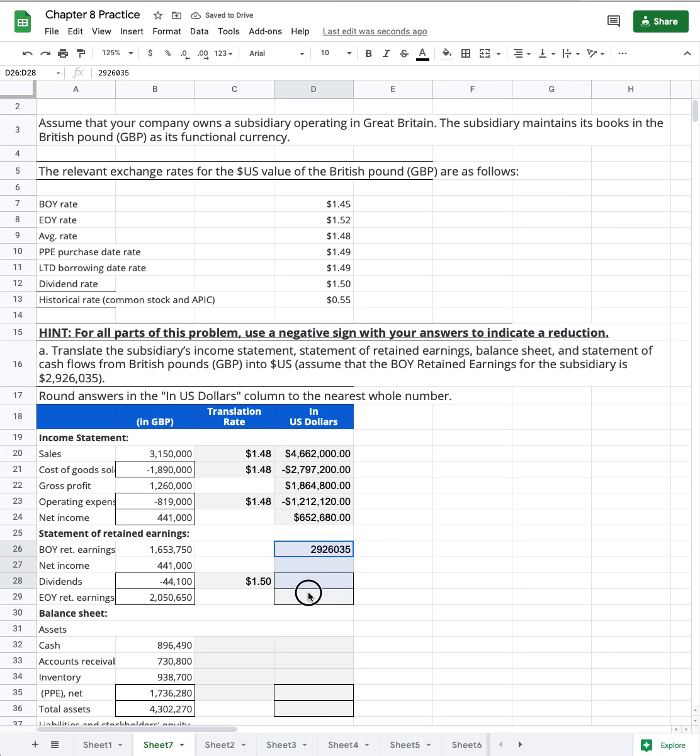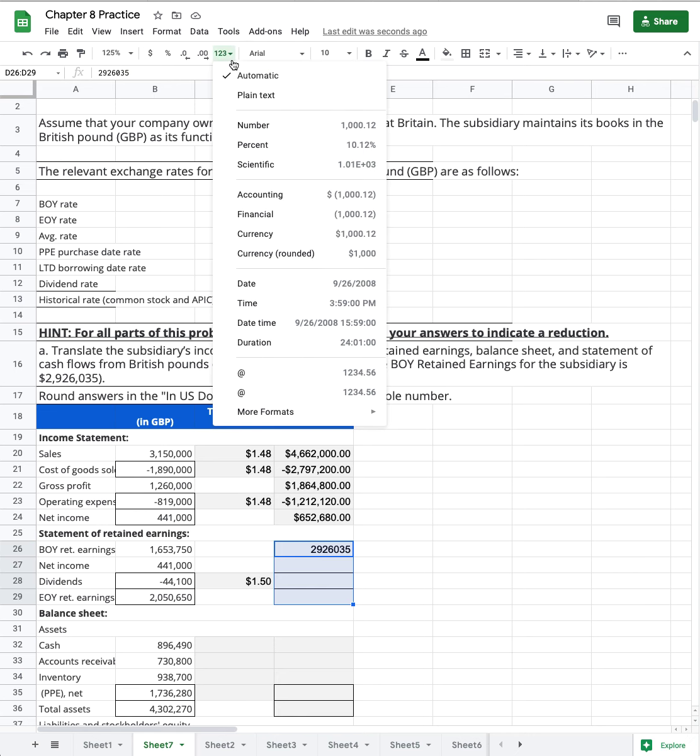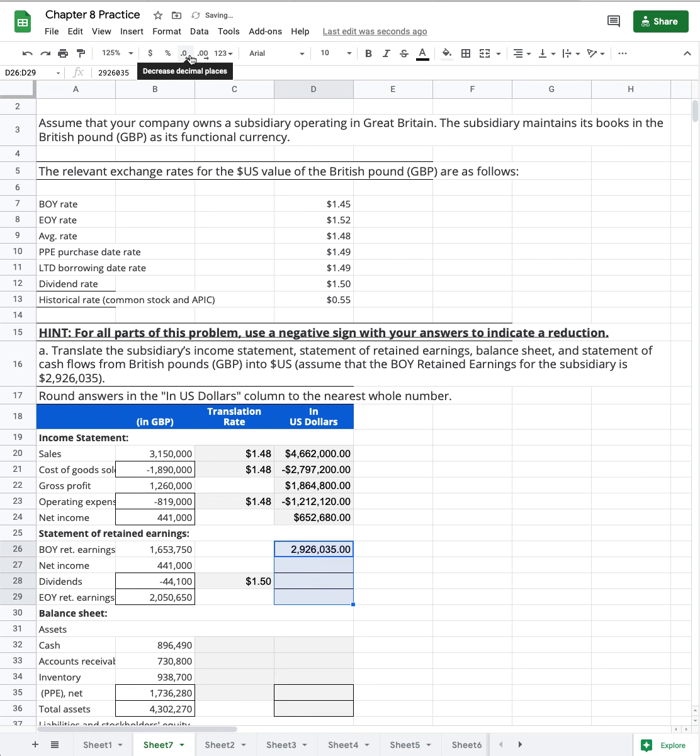And I'm going to make these comma style so I can see the numbers better. Our net income we just calculated is the 652. Then our dividends, we'll multiply our rate by the dividends, and then we can use the sum function.